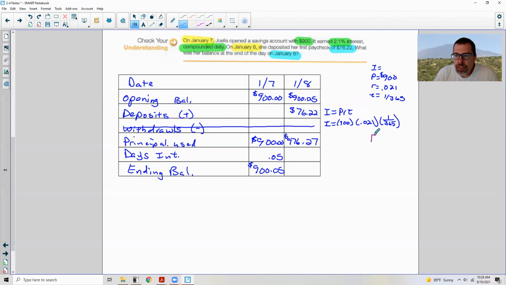So we have I equals, P equals, R equals, T equals. Oops, rate does not equal time. T equals, I forgot to put this up here, but it was 0.05. All right, so now P, principal, is $900.05.